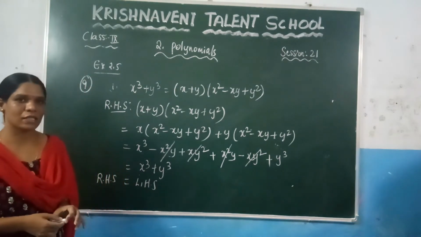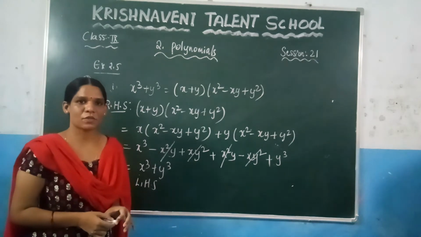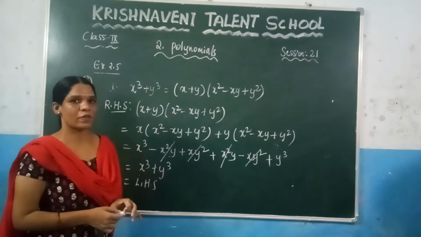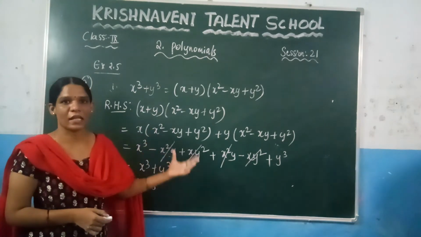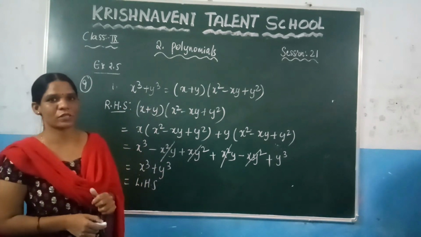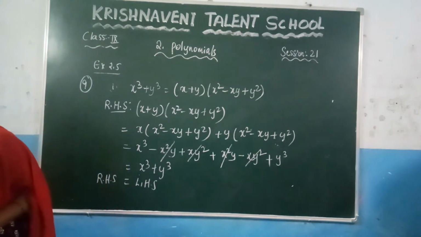So what it states here is x cube plus y cube is equal to x plus y into x square minus xy plus y square. You can treat this one as one of the identities. So after this problem, if you see any problem in this form, you can apply this identity. Let us consider an example.